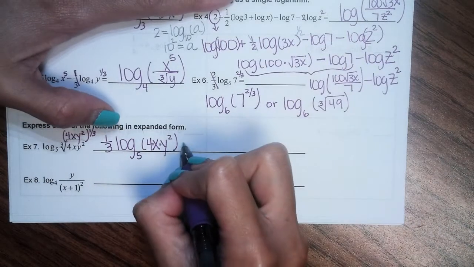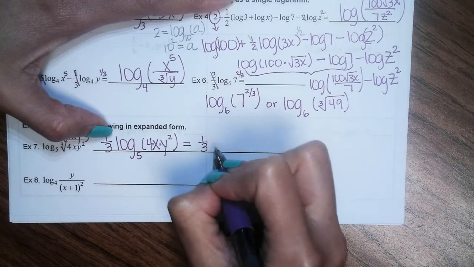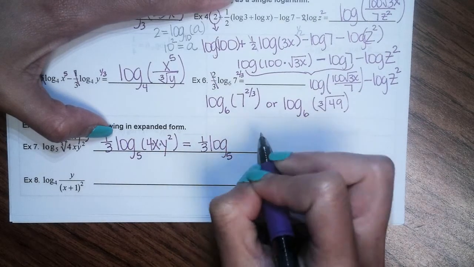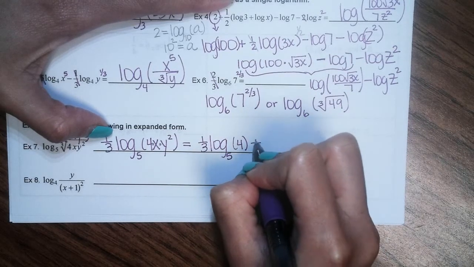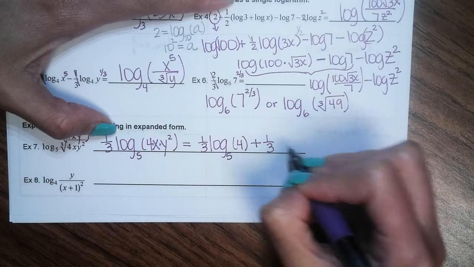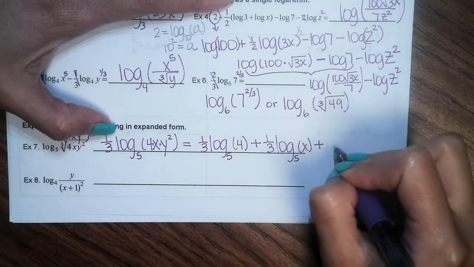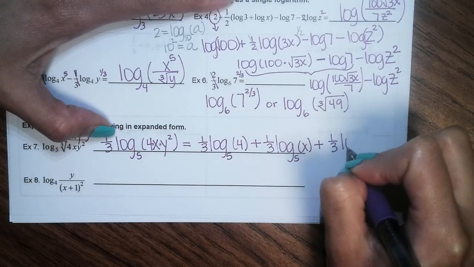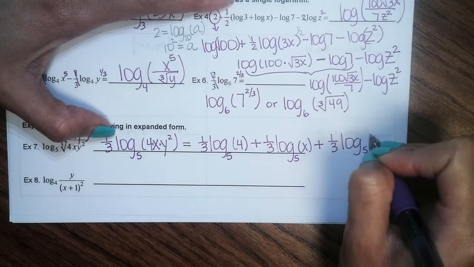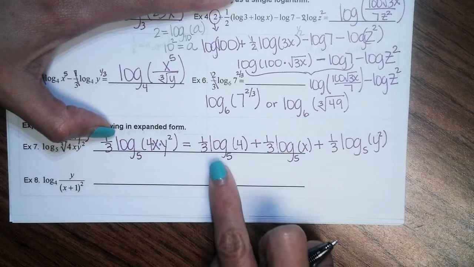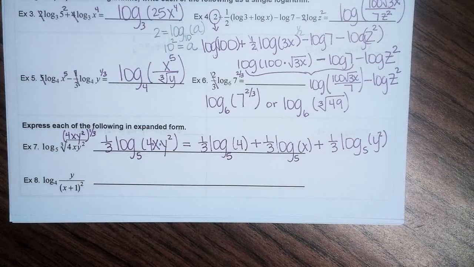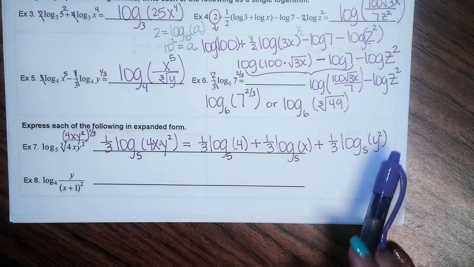So for example, this is going to be, first of all, there's a 1/3 log base 5 of 4 plus a 1/3 still log base 5 of x plus a 1/3 still log base 5 of y squared. So far this is correct. I've expanded it into 1/3 log base 5 of 4 plus 1/3 log base 5 of x plus 1/3 log base 5 of y squared.